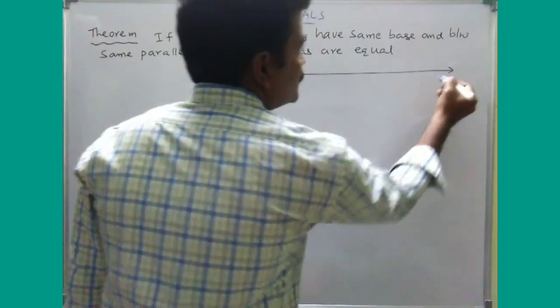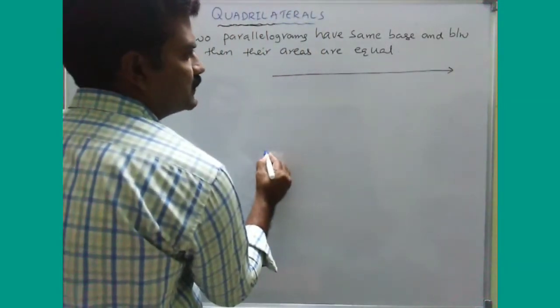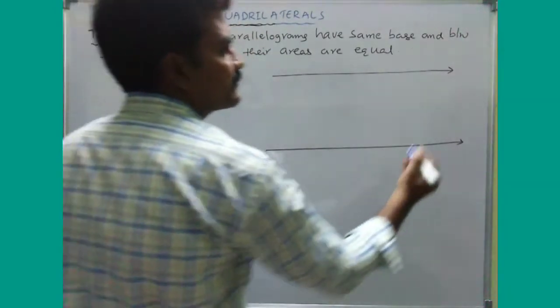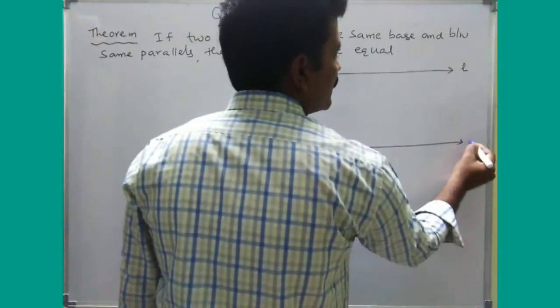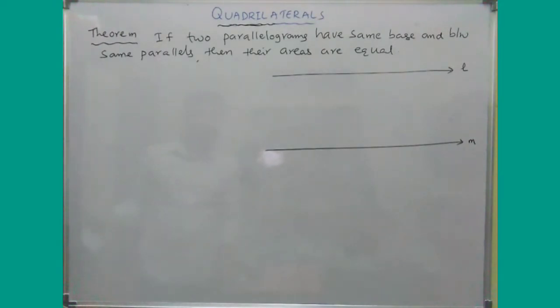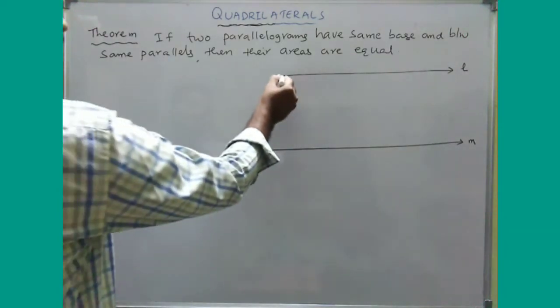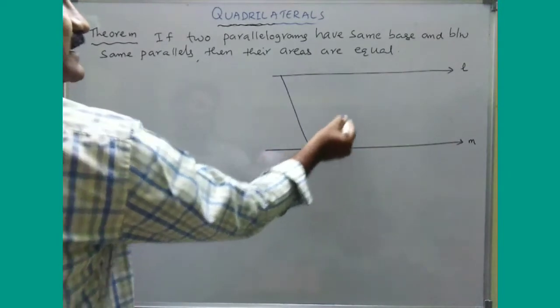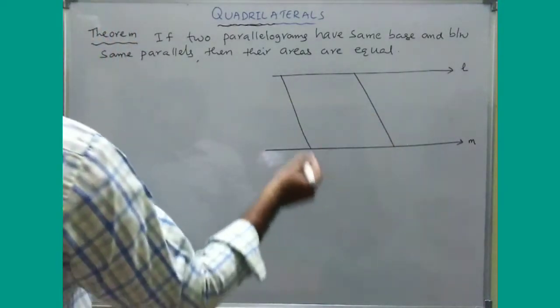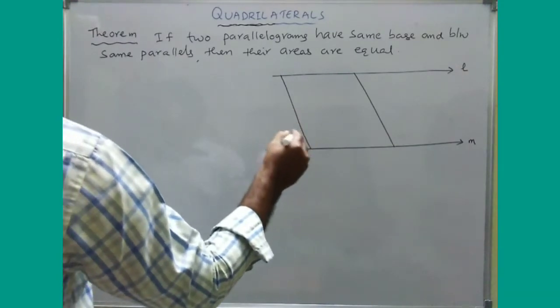So let us assume that these are two parallel lines, say L and M. L and M are any two parallel lines. Now let us consider two parallelograms between these two parallel lines.